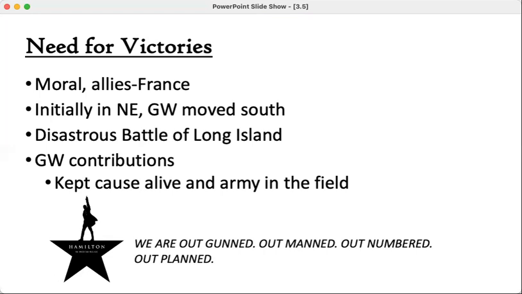So we keep losing, right? These are the times that try men's souls. We have tremendous losses in New Jersey. We see that we can't beat the British, but we can make sure they don't beat us. So we keep moving so we don't get caught, especially after the disastrous Battle of Long Island. George Washington gets caught on Long Island. He's trapped.